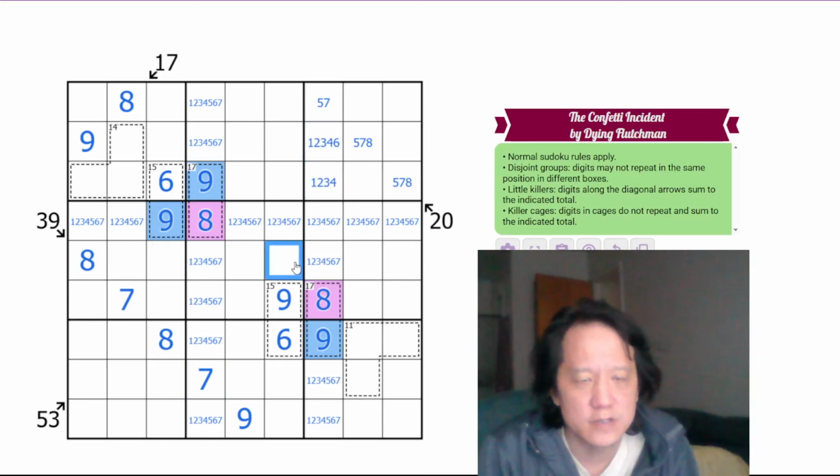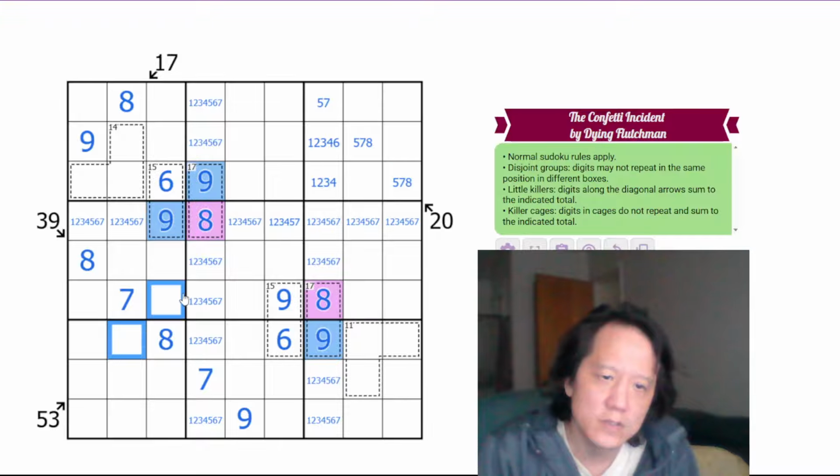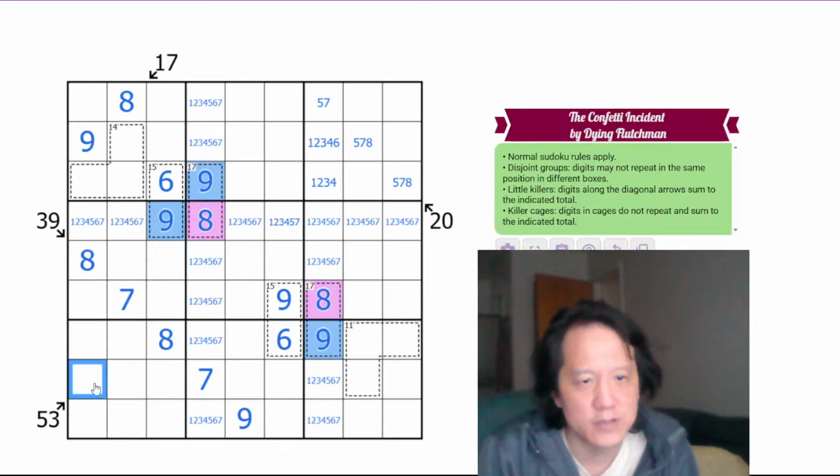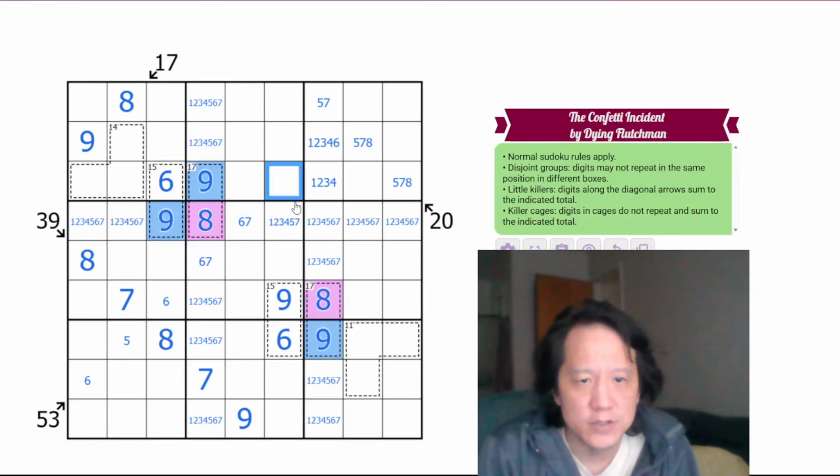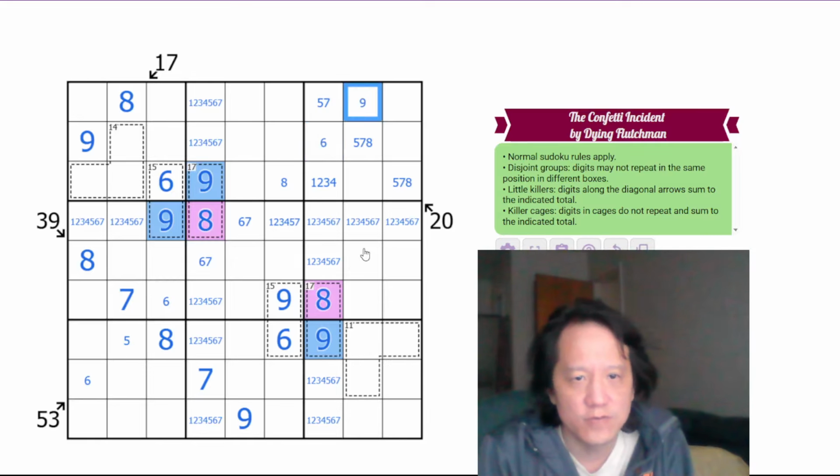This can't be 6. This can't be 6. This is at most 6 here. So this can't, okay, this is at most, this can't be 7. This is at most 6. This is at most 5. This is at most 6. Again, we could have 6 and 7 here. This is not 6 or 9, but it could be 8. And then this is at most 6 and 9, I believe.